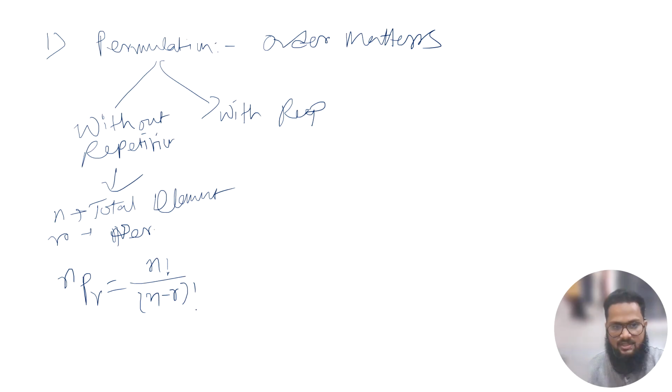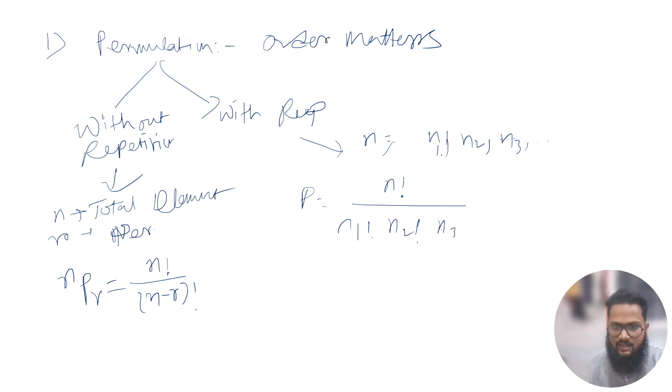With repetition, the total number is n and individual types are n1, n2, n3 and so on. So the permutation formula is the total n factorial divided by n1 factorial into n2 factorial into n3 factorial like this. So this is the main concept and formulas for permutation where order matters, right?